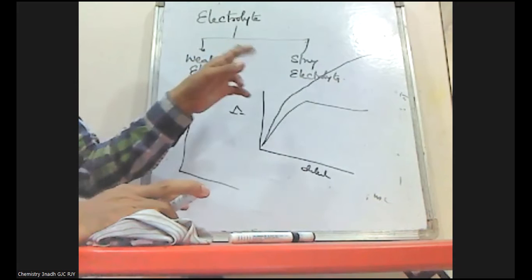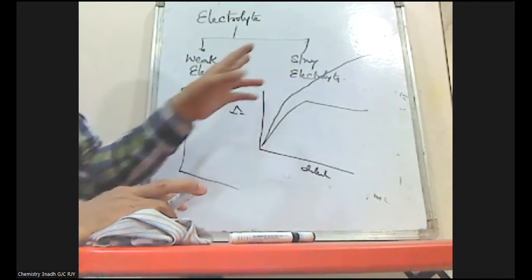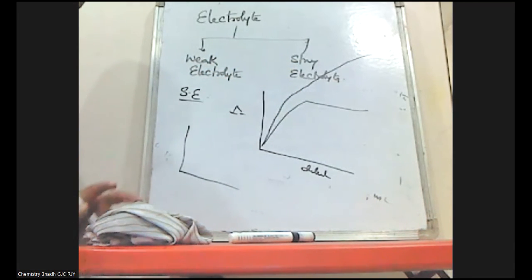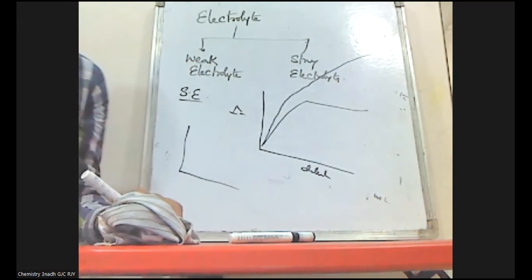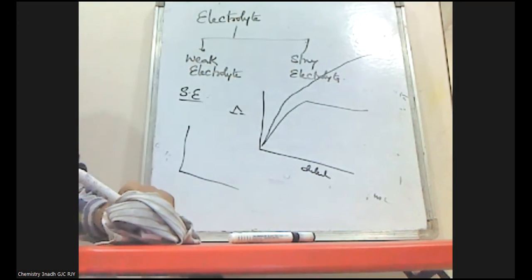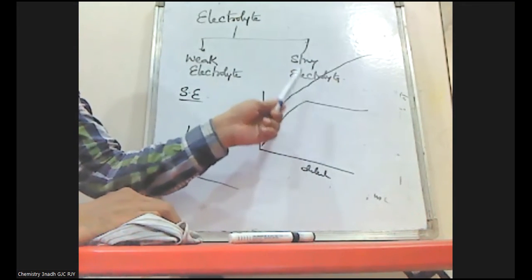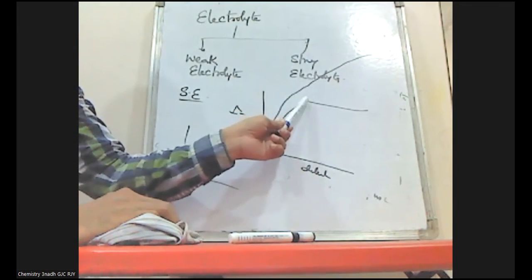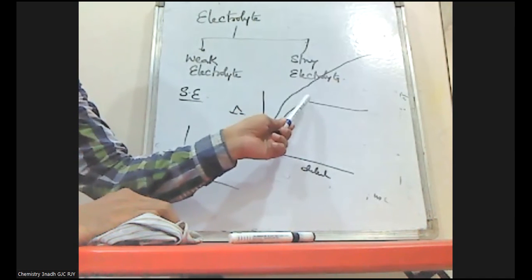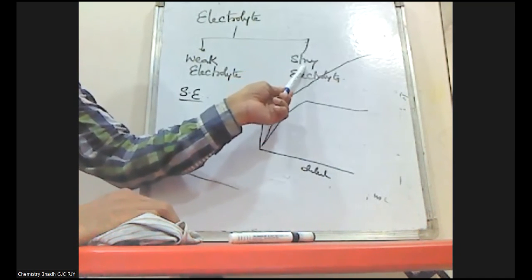Strong electrolytes means those substances whose molar conductance increases with increase in dilution and approaches a constant value at a particular dilution. Those substances are called strong electrolytes.